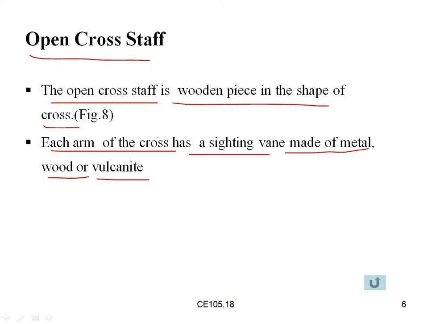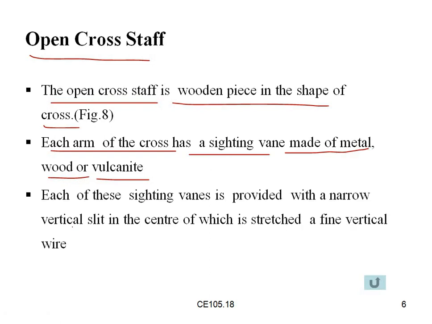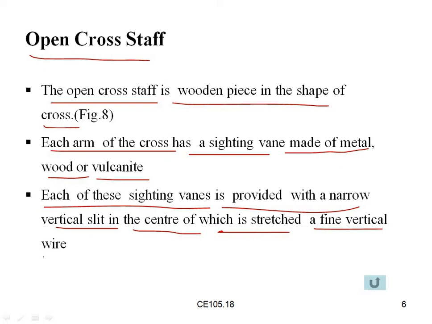Each arm of the cross has a sighting vane. Sighting means that through that point we have to see the object. Each of these sighting vanes is provided with a narrow vertical slit, in the center of which is stretched a fine vertical wire.